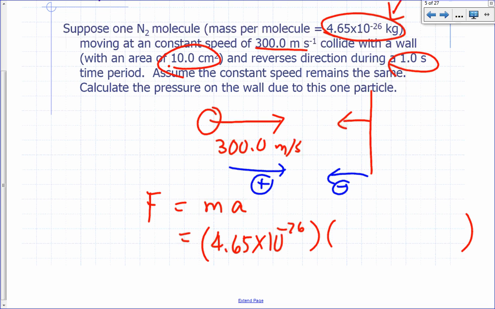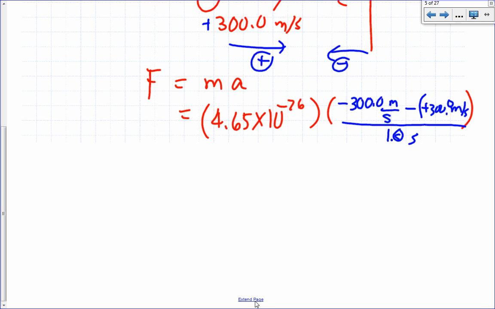So your final velocity is going to be negative 300 meters per second, since it's going in the negative direction, minus the initial velocity of positive 300 meters per second, divided by the elapsed time of 1.0 second. That's the average acceleration during that 1 second time period.